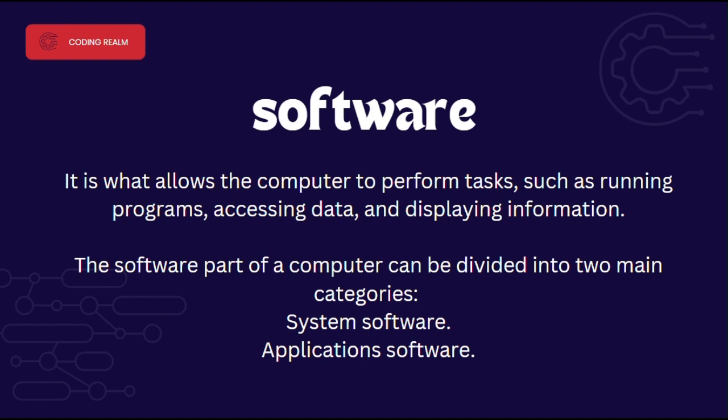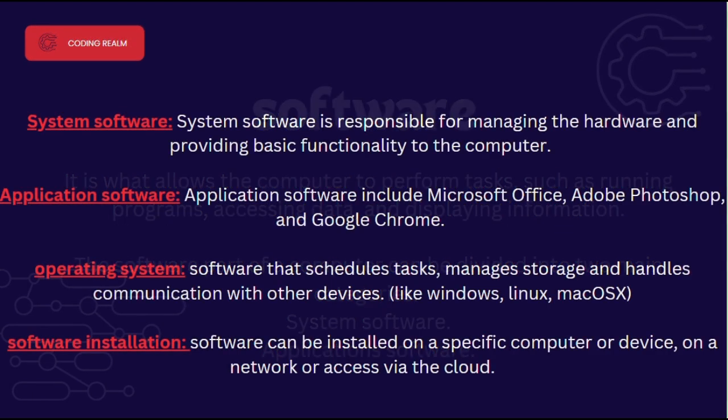The software part of a computer can be divided into two main categories: first, the system software, and second, the application software. The system software is responsible for managing the hardware and providing basic functionality to the computer. The system software can be the operating system, device drivers, and other system software in a computer.